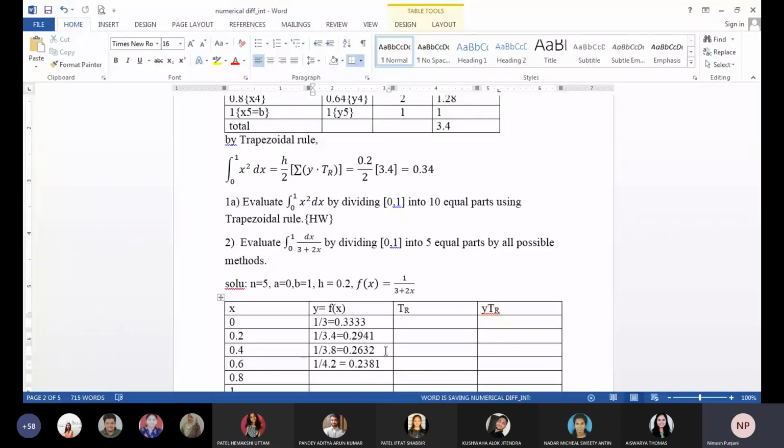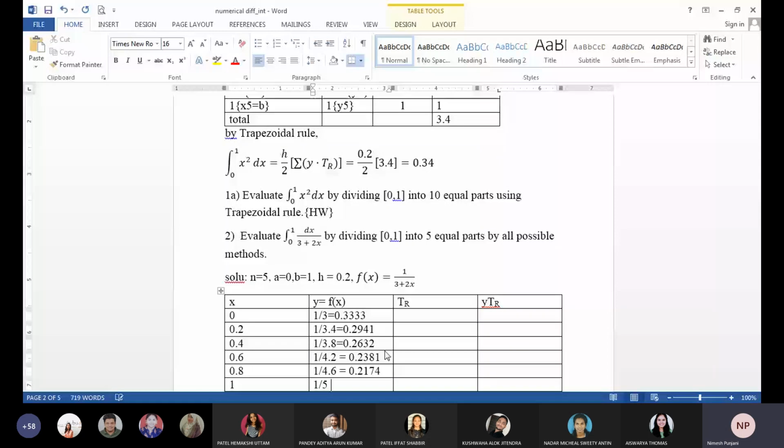Then it will be 1 divided by 4.6, which is 0.2174. And the last value will be 1 divided by 5, which turns out to 0.2.